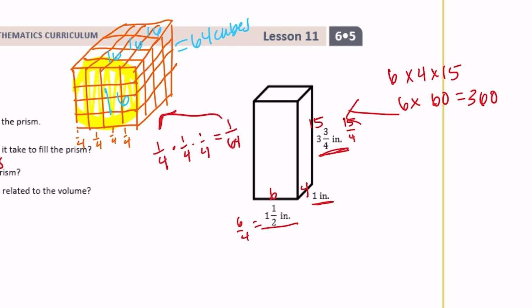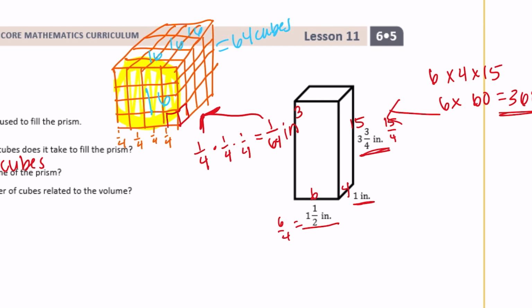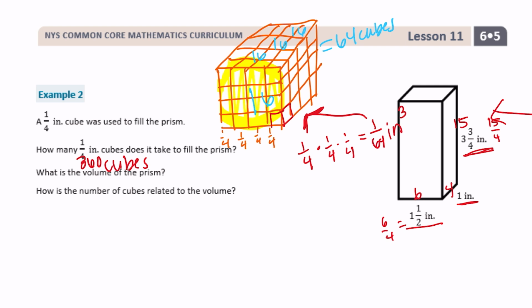So that's the volume of each one of those little rectangular prism cubes that are in there. Each one has a volume of 1/64 inches cubed. So we can take the 360 and multiply it by 1/64.